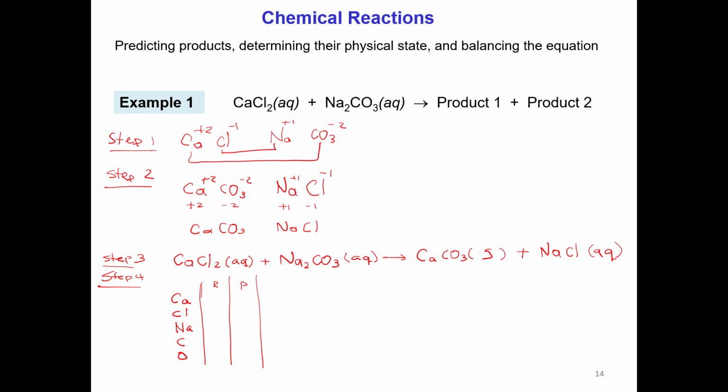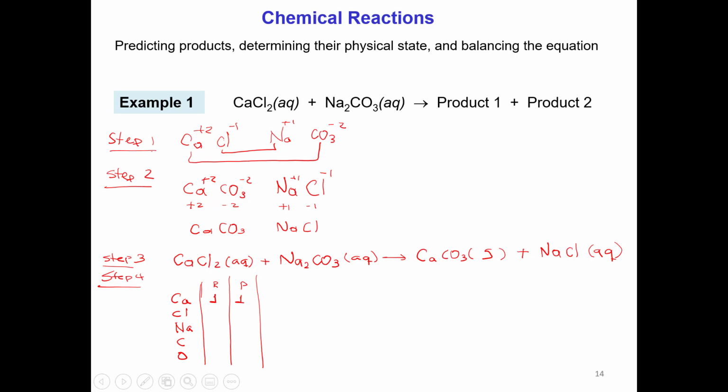Let's start with the calcium. We had one calcium here and one on the other side. Now chlorine, we had two here and one here.